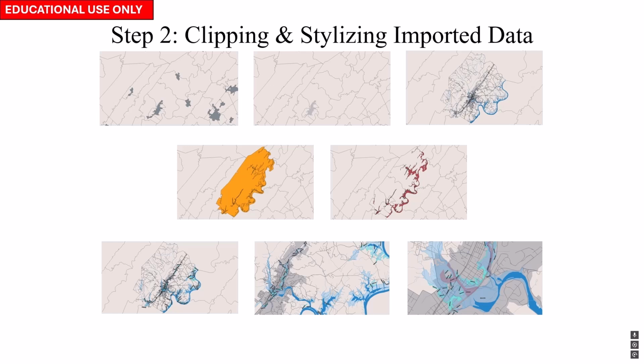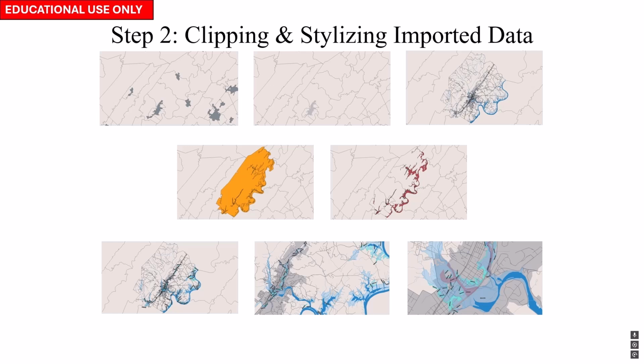In the middle, the large orange polygon is FEMA's entire multi-polygon of the different flood zones. So I had to break that down, and I wanted to showcase that with the middle right image. Might be a little hard to see, but there is a red section and a green section.